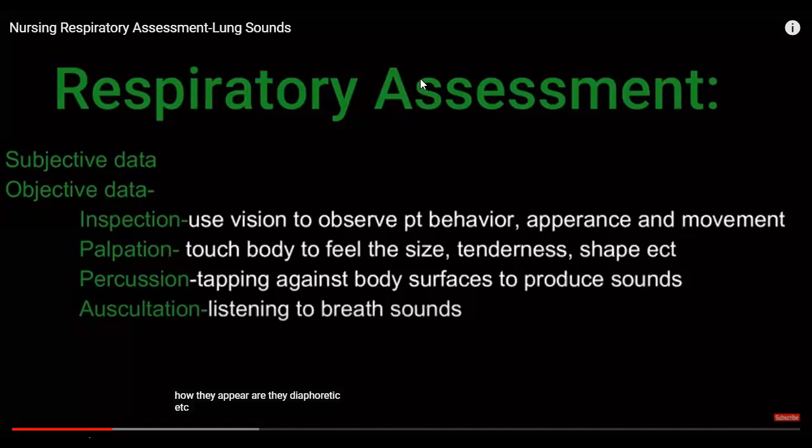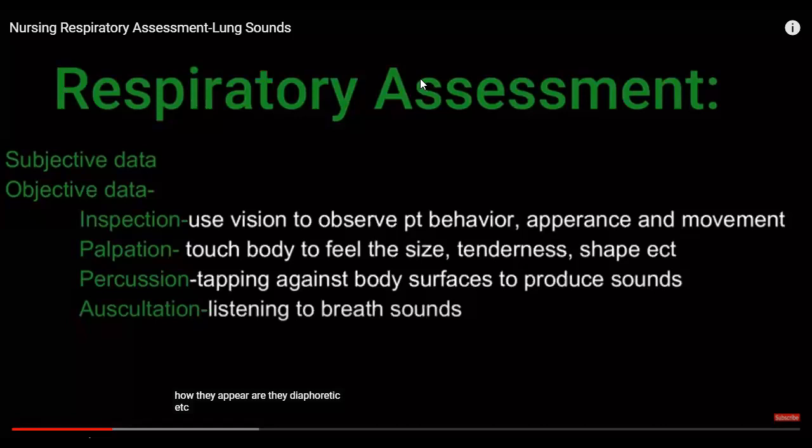Stridor, sometimes we can get inspiration and expiration both, but friction rub we have to get either inspiration or expiration. So the most commonly asked question about abnormal lung sounds is wheezing.